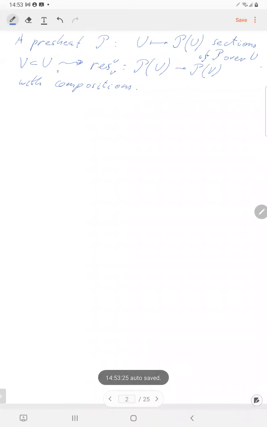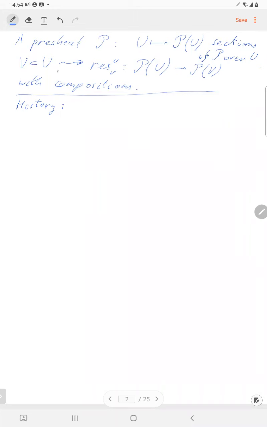Okay. So the definition of presheaf is certainly simpler, but experience shows that they're less useful. So sheaves are a particular kind of presheaves, and this particular kind is most useful. When we say we have a presheaf P, do we require any structure on the values so far?